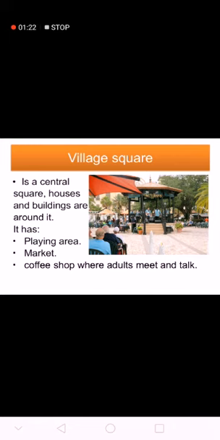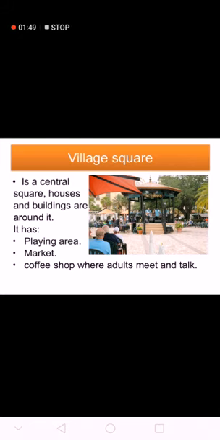In villages there are no such places to have fun, so people create an empty space in the middle between houses. They leave an empty square in the middle, no building in this square, and this square is used as a playing area, as a market, and as a coffee shop.